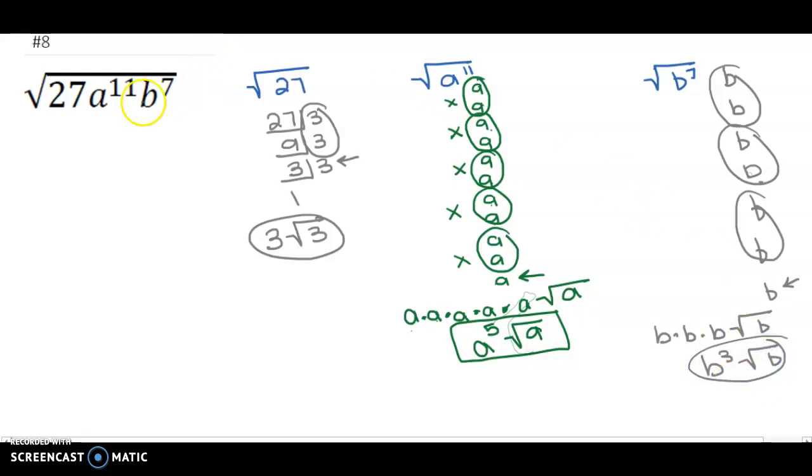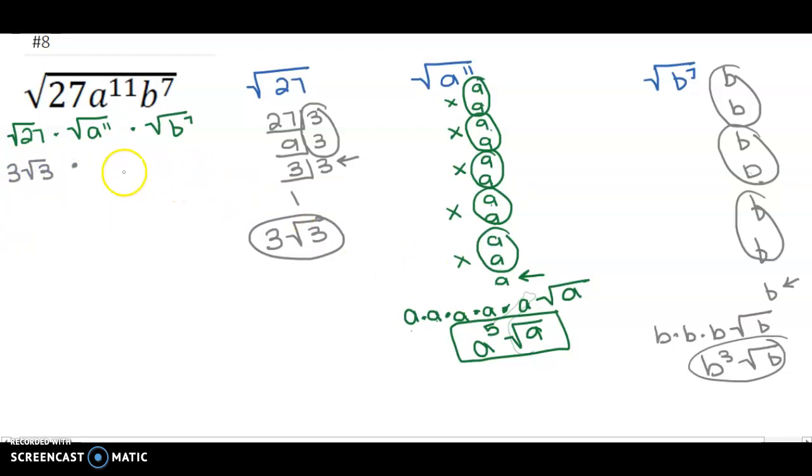Okay, now I'm just going to put them all together, guys. So this was square root of 27 times the square root of a to the 11th times the square root of b to the 7th. Okay, and I found that square root of 27 breaks down to 3 square root of 3.